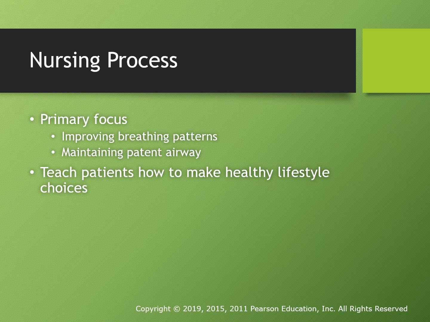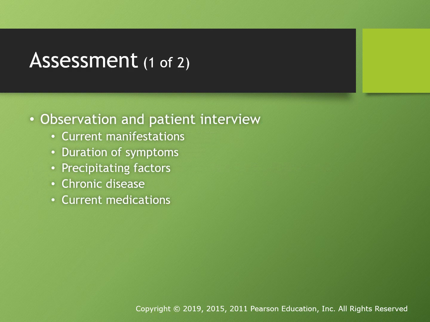Nursing process. Nursing care of patients with respiratory acidosis is focused on improving breathing patterns and maintaining a patent airway. Because of the link between smoking and chronic pulmonary diseases, nursing care may include teaching patients how to make healthier lifestyle choices. Assessment, observation, and patient interview.